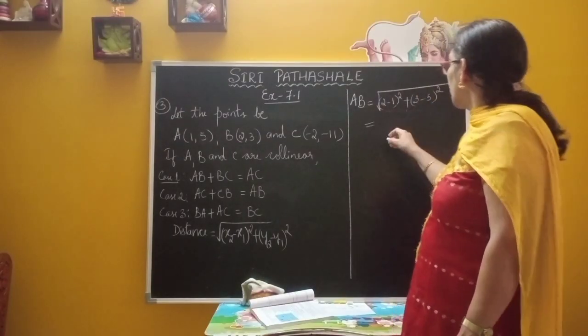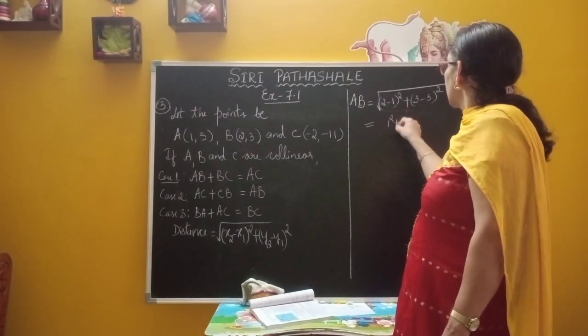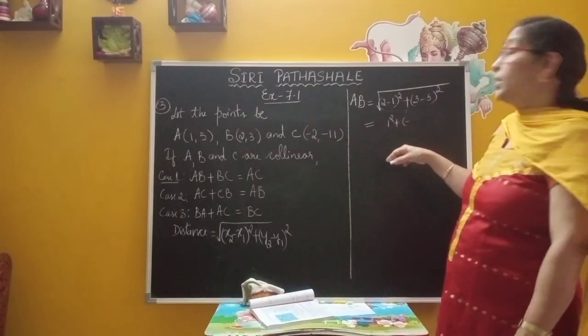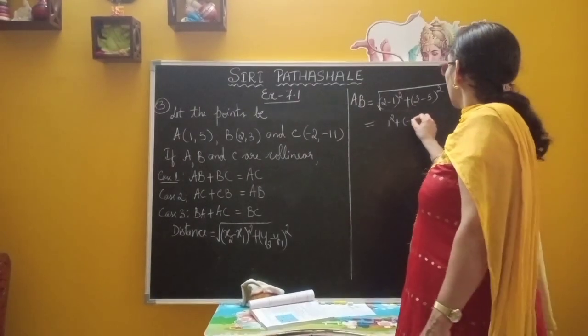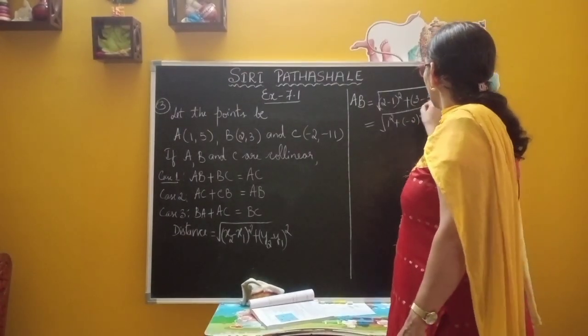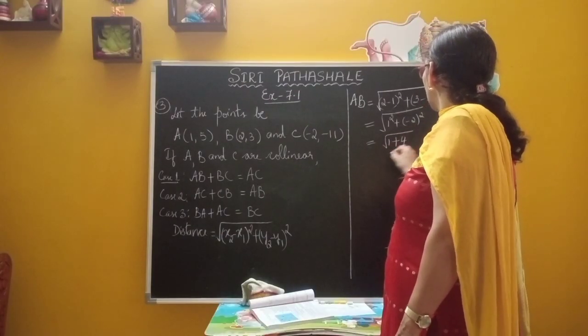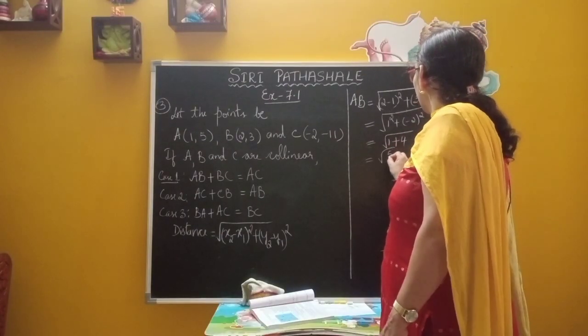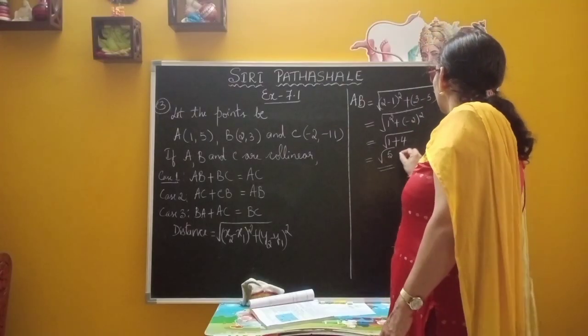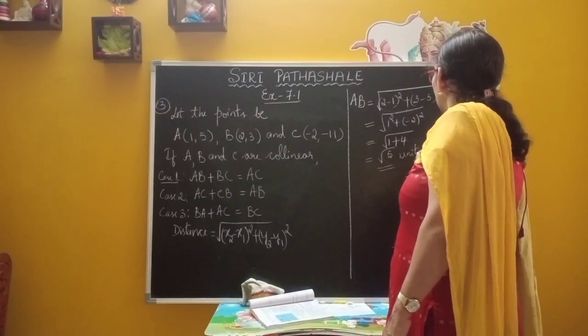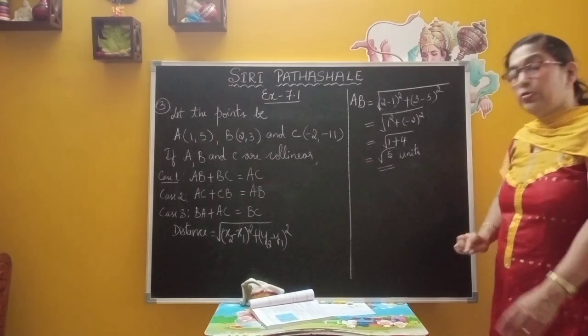So this is equal to 1 square plus, 3 minus 5 is minus 2, minus 2 whole square. So it is equal to 1 plus 4, that is square root of 5. Length of AB is root 5 units.